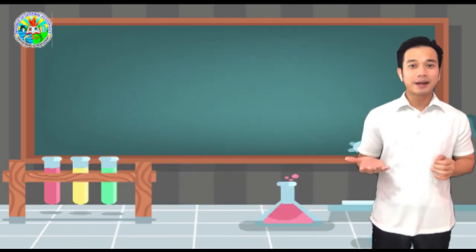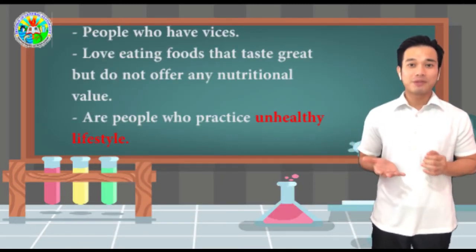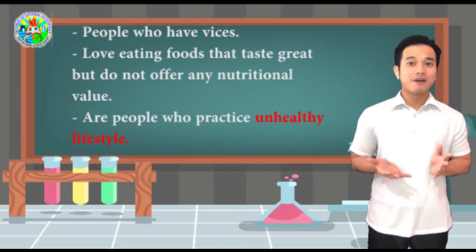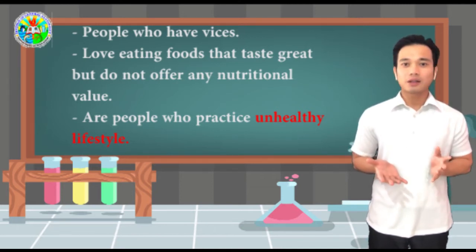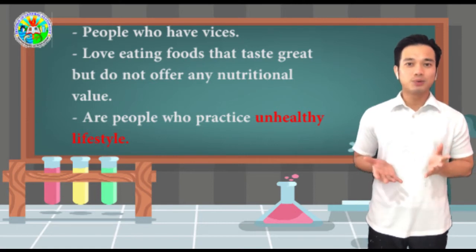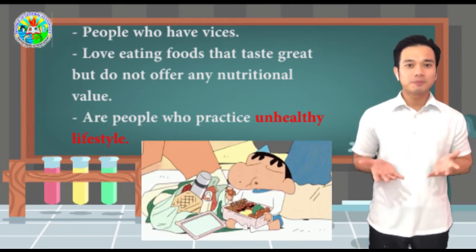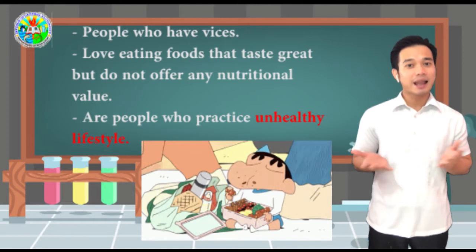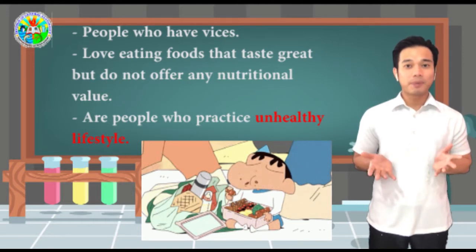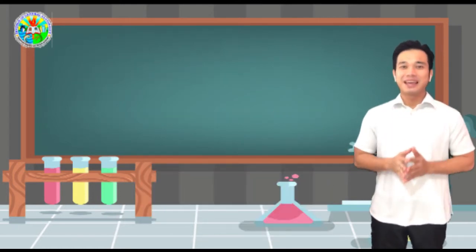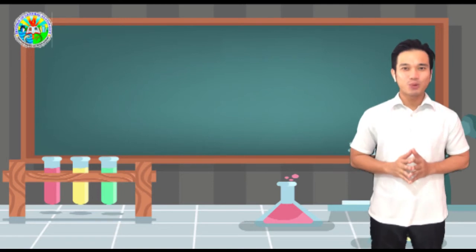On the other hand, people who have vices, who love eating foods that taste great but do not offer any nutritional value, such as potato chips, candies, and the likes, are people who practice an unhealthy lifestyle.